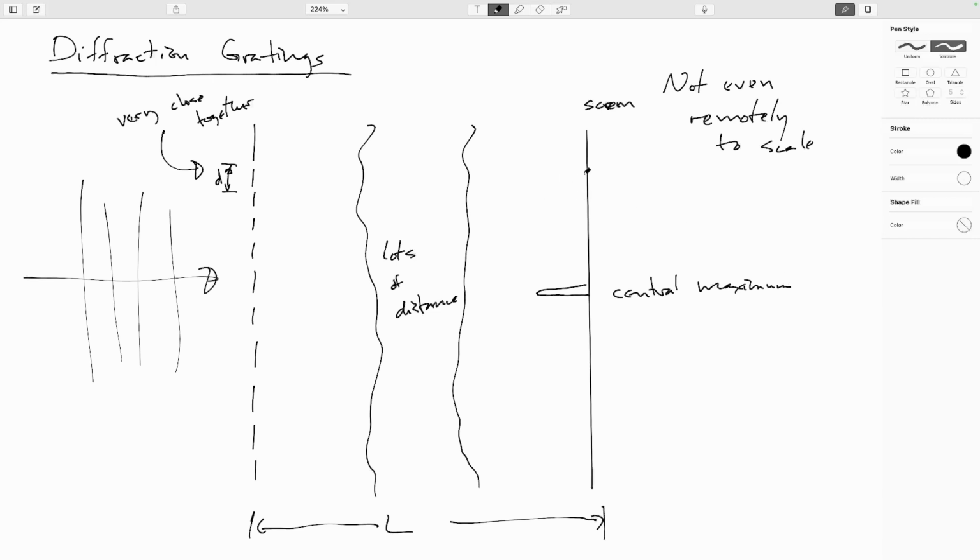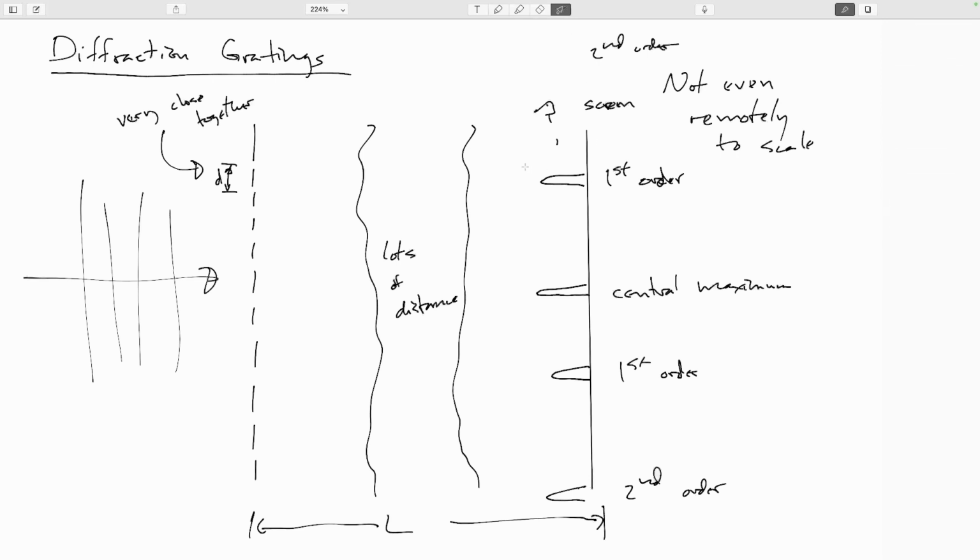And then off over here somewhere might be my first order maximum. And then up over here somewhere would be the second order, etc. And then repeat down here. So we would have a first order, then maybe down here would be the second order. I'm intentionally not making the distances the same, although they should be the same vertically here. So let me fix that up.